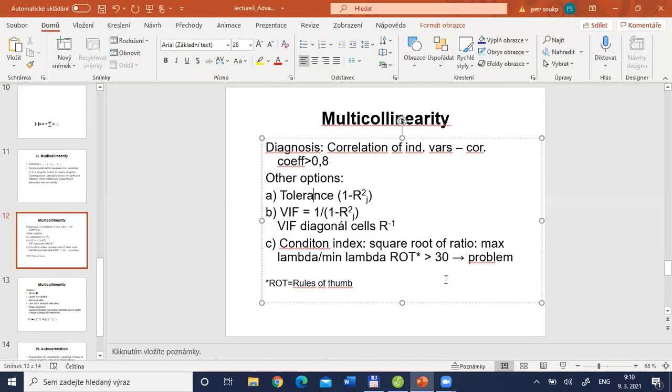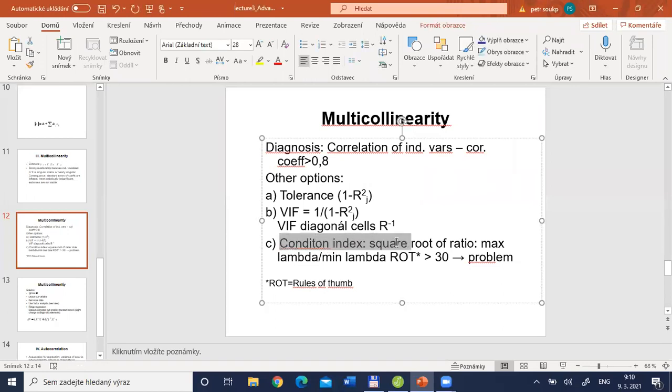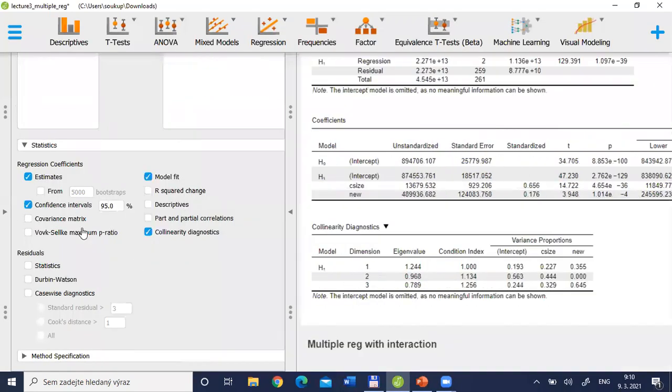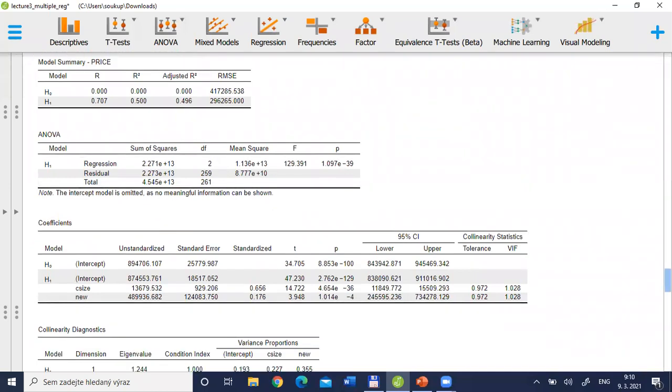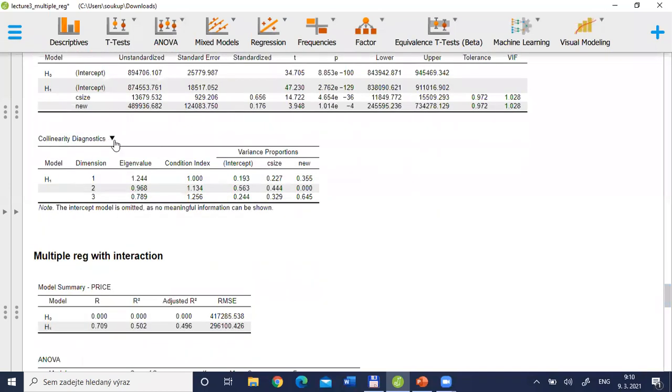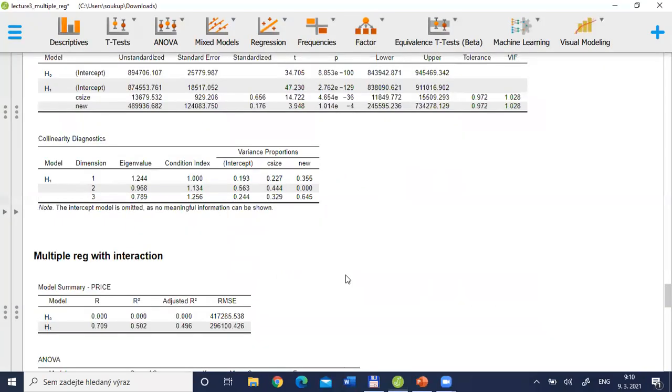And the last option we should cover in multicollinearity diagnostics is the conditional index. It is based on computation in this next table, which is called Collinearity Diagnostics. This conditional index is based on the ratio between these eigenvalues.